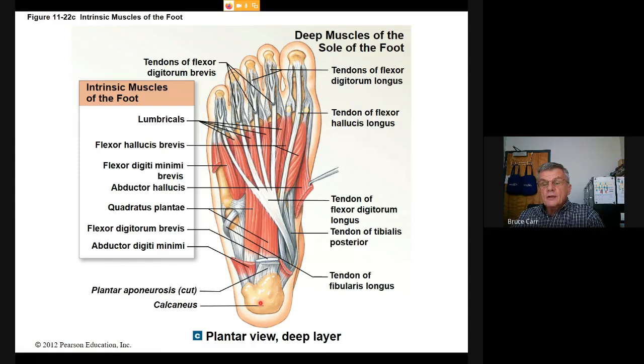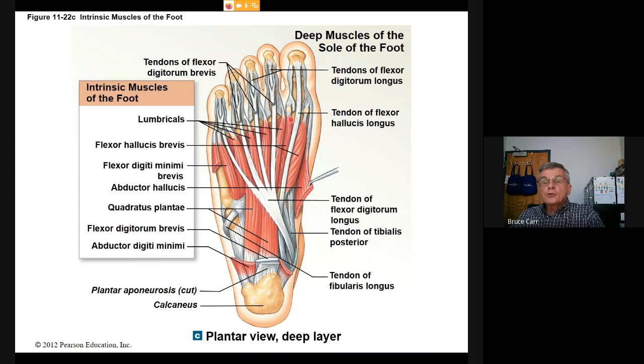So here you're going to have 7 tarsals, 5 metatarsals, and 14 phalanges that you have to keep in line in order to form a functional foot.